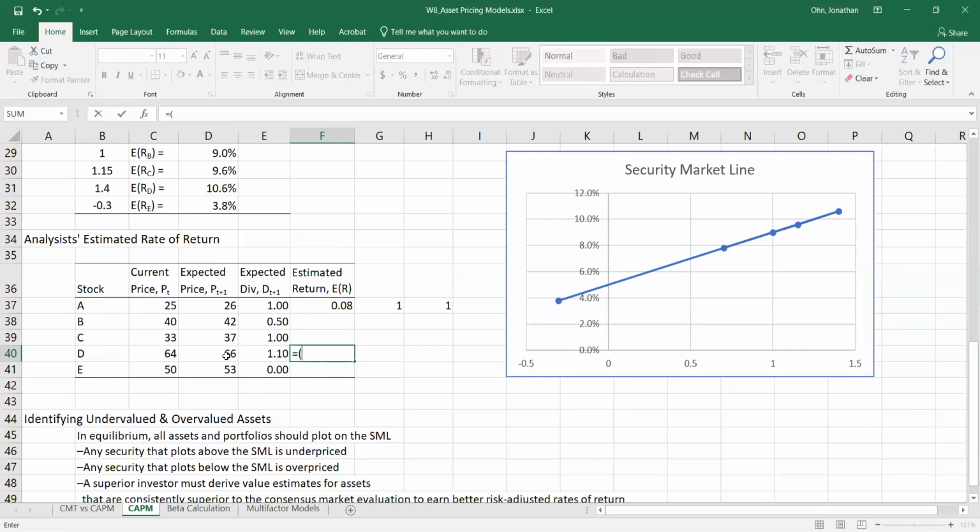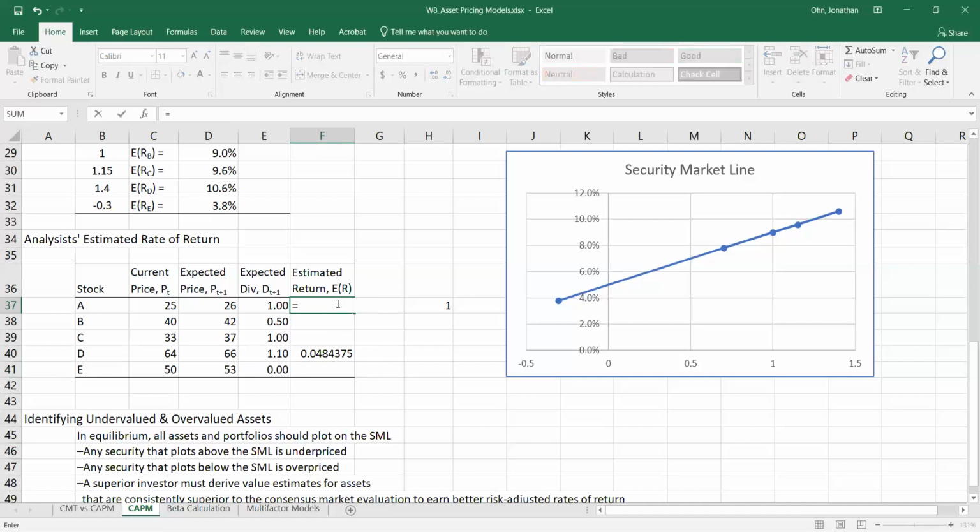Here, 66 minus 64. That's a price appreciation, 2, plus dividend, 1, divided by initial price. That is your return there. Okay. Let's generalize this one here.